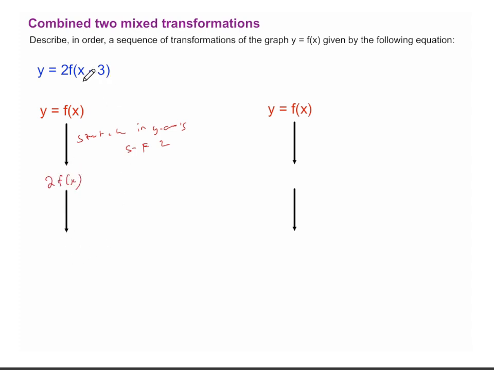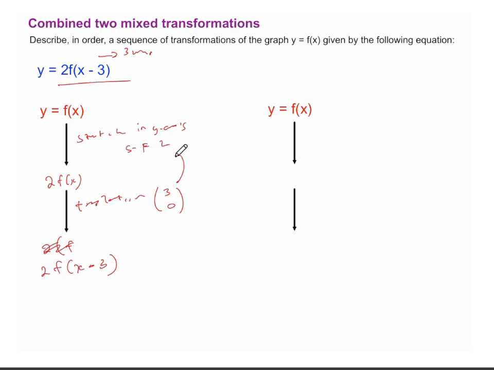Then after that, we want to translate to the right by 3 units because it's minus 3. Remember, we had done translation already. We usually use a vector, so 3 units to the right and 0 units up or down. And so we end up getting 2f(x minus 3), which is what we had initially.